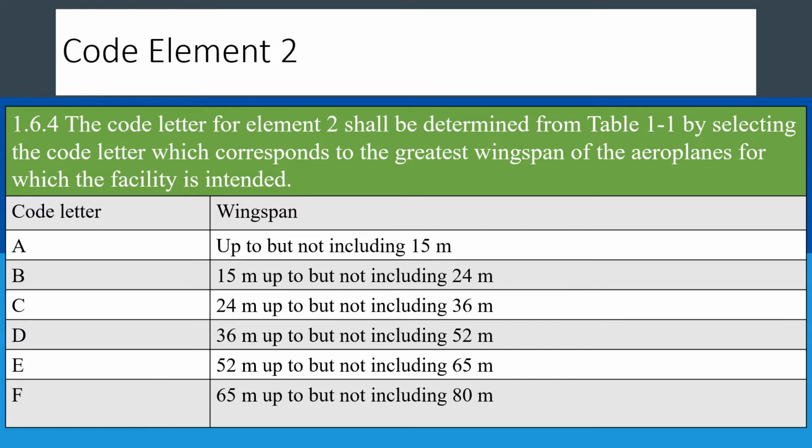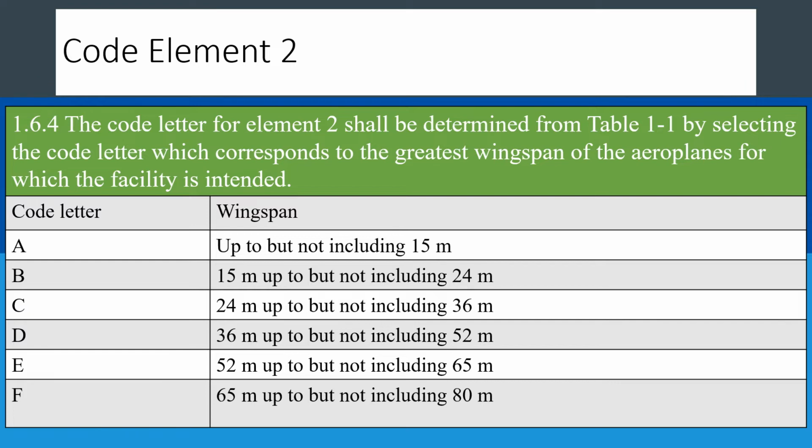If this measurement is up to but not including 15 meters, then your wingspan falls within code A. If it is between 15 meters but not including 24 meters, then you are operating code B.